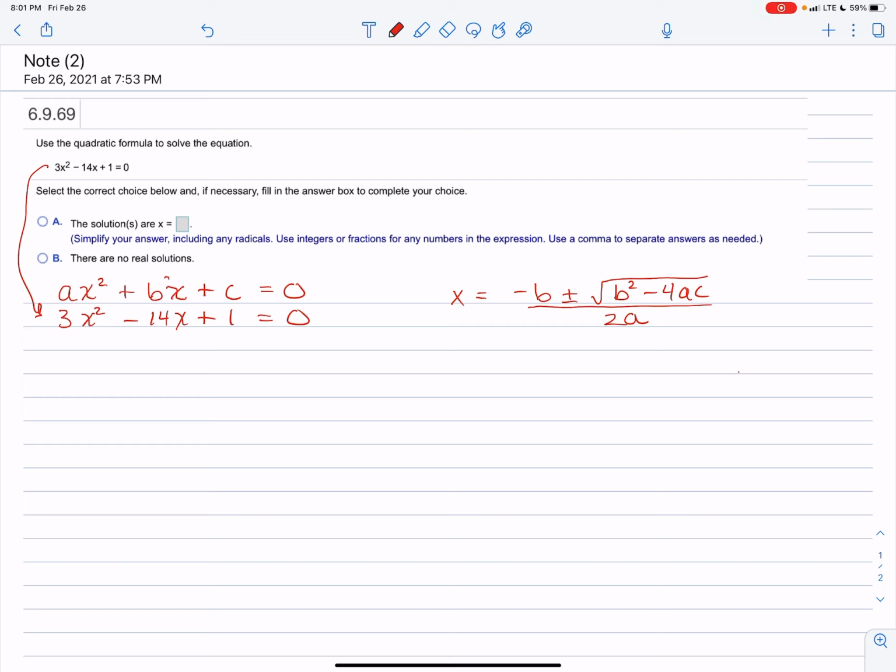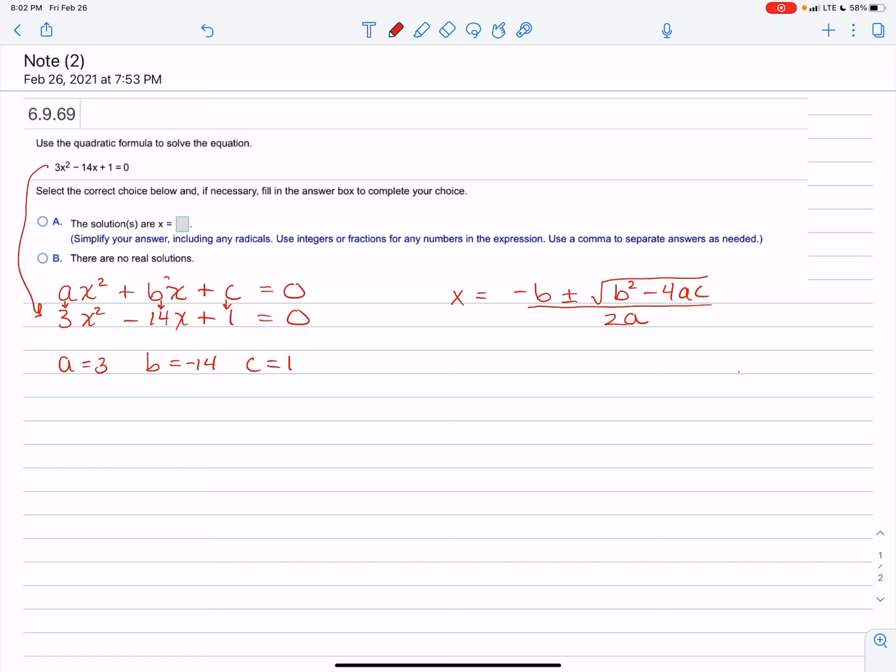So then we assign values to the constants a, b, and c. So a is the coefficient of the square term, so a is 3. B is the coefficient of the x term, so b is negative 14. And c is the number that stands by itself, so c is 1.